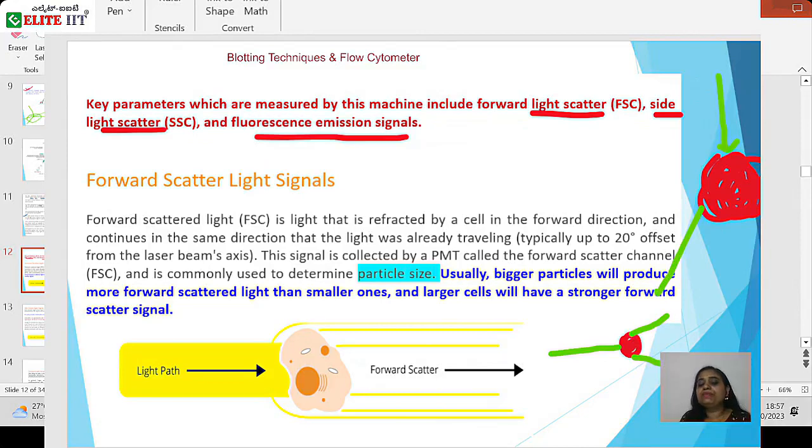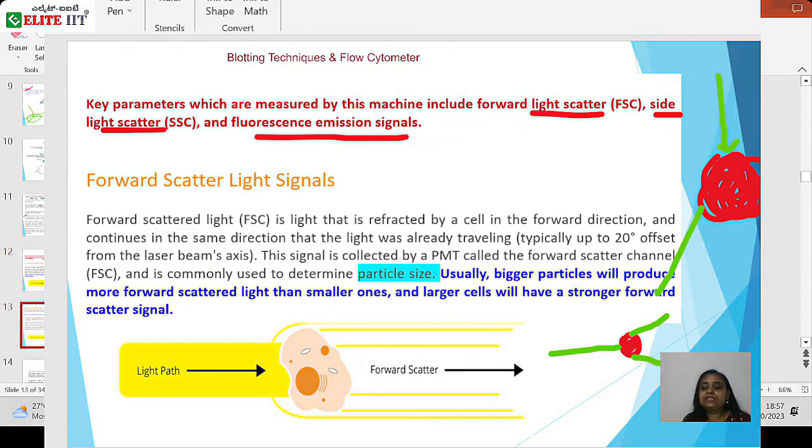So whenever particle size increases, the forward scatter light signal will increase. Clear? If you find an increased amount of forward light scattering, that means the size of that particle is larger than the previous one. You have to do nothing else.